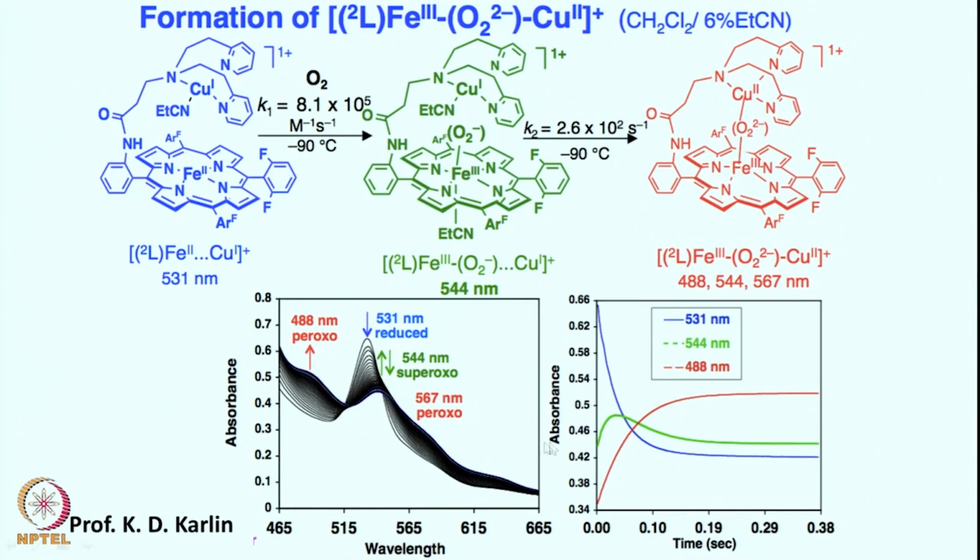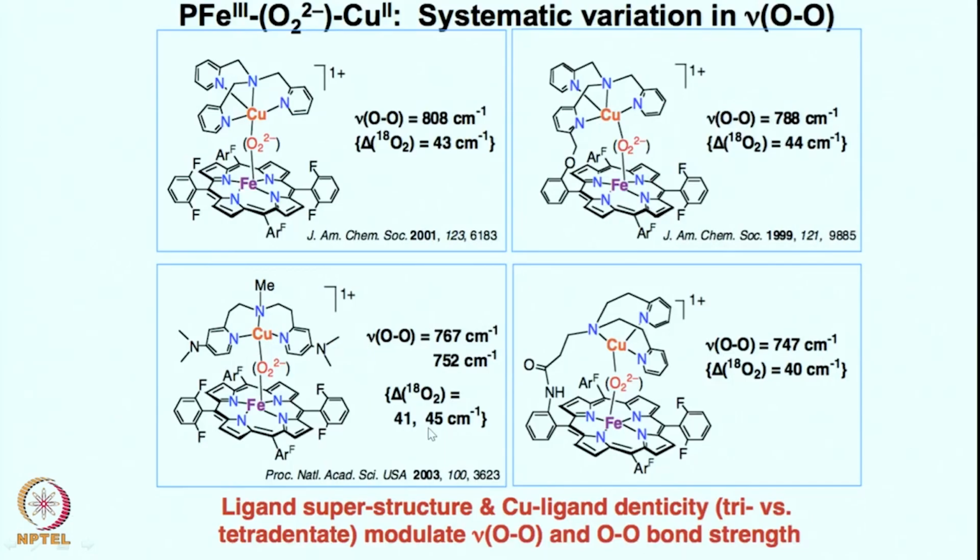But as you can see from the spectra, this blue compound is decomposing, a new green species is forming and disappearing, and overall this new iron 3 copper 2 peroxo species is forming. This can also be followed by UV vis and other spectroscopic techniques.